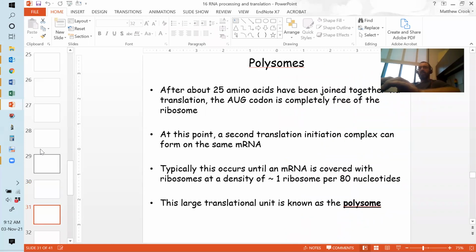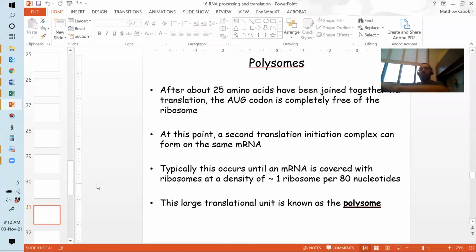Now, as I was saying earlier, there's not just one ribosome translating an mRNA at any time. And in both eukaryotes and prokaryotes, as soon as a sufficient bit of the mRNA has been translated, so that AUG, the start codon, is free and hanging in the breeze, then a second translation initiation complex can begin, right?